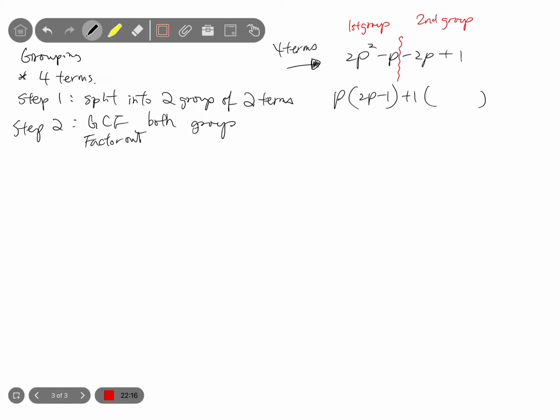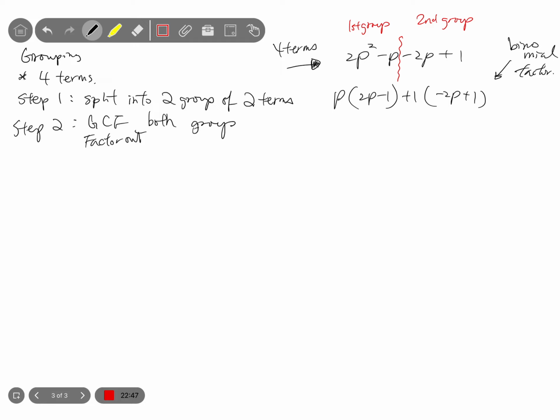But if you do that, you have negative 2p plus 1. Now this looks very familiar to what we just did with a binomial factor. The only issue is, notice we have 2p minus 1 in one parentheses, but we have negative 2p plus 1 in a different parentheses. And the difference between the two is that the signs are opposite.